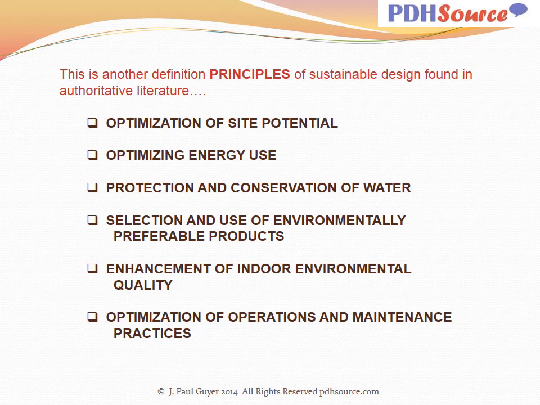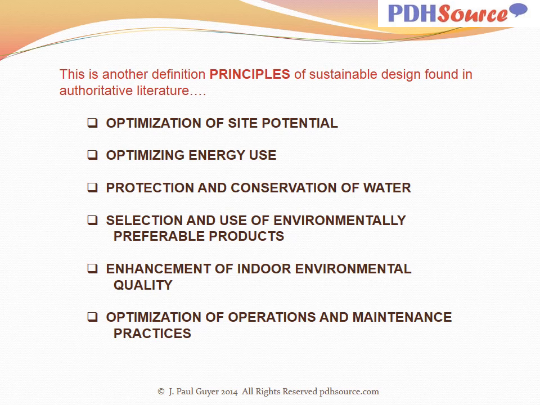Optimization of site potential is number 1, and that replaced that rather squishy one about using integrated design. And this is understandable. You have a given site and it has certain features, and there are different ways you can utilize the site, where you put the building, etc. So that's understandable.